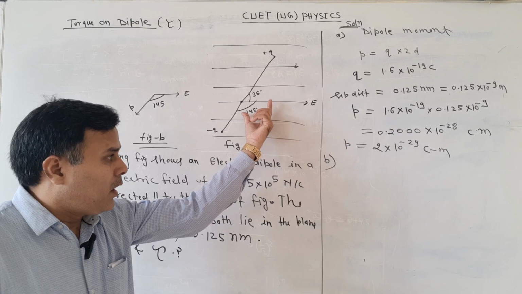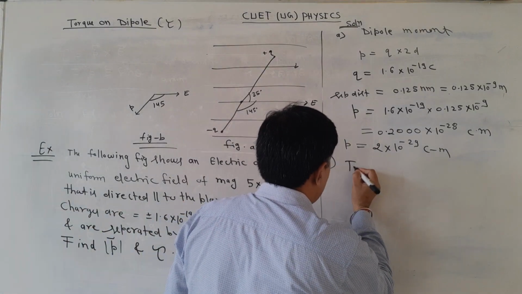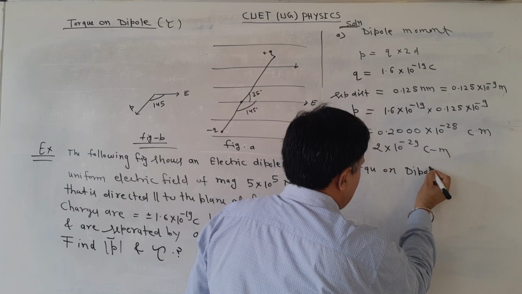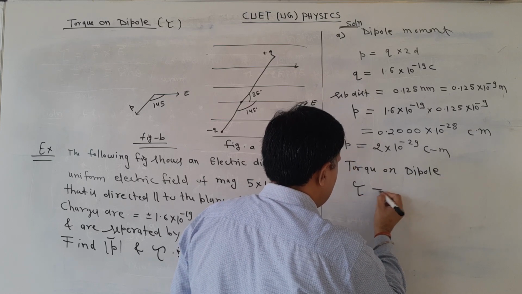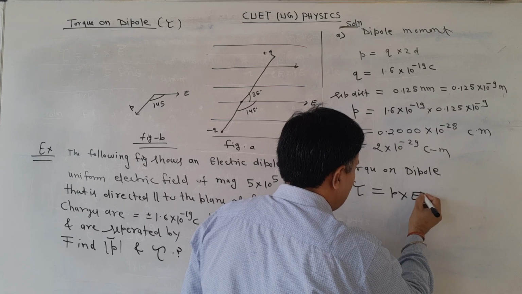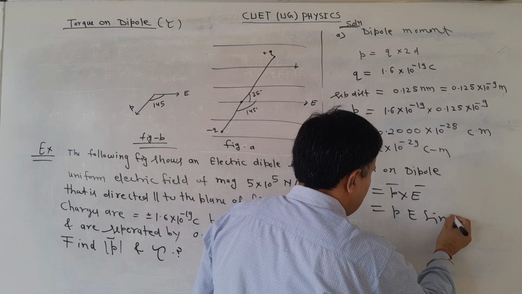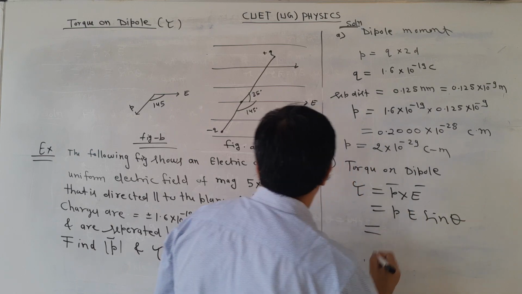So the torque on a dipole is simply tau equal to P cross E, so PE sin theta. And what is theta?